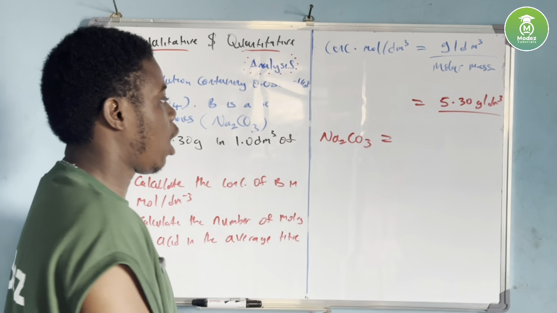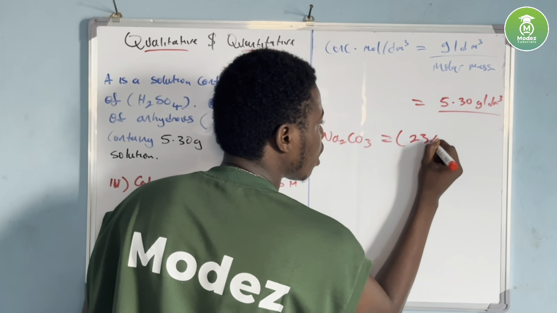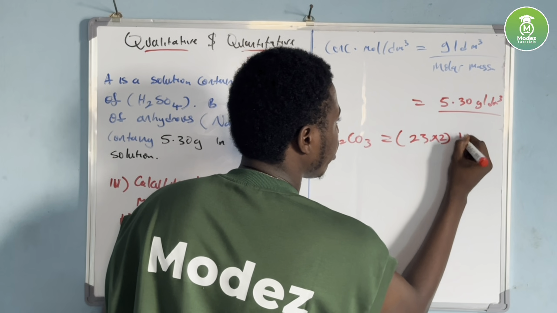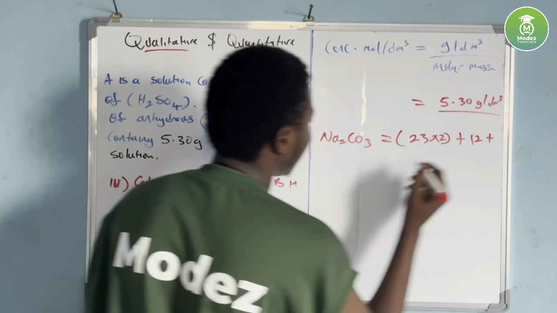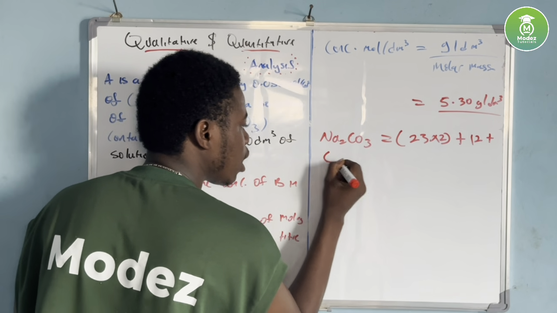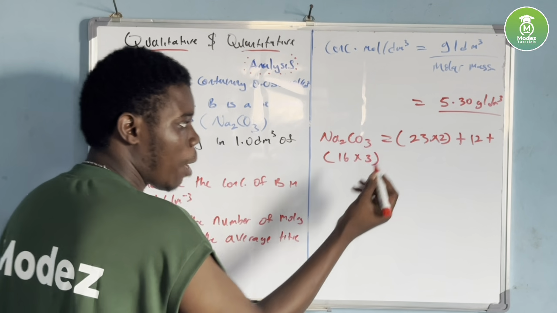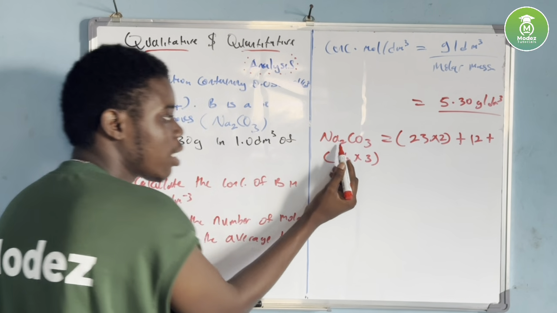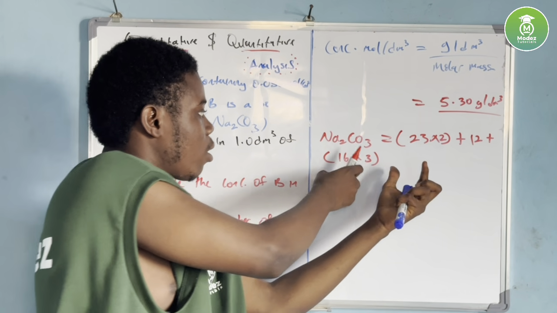Now, to get the molar mass, you get the molar mass of each of them and add everything together. Molar mass of sodium is 23, 23 times 2, right? Plus molar mass of carbon, 12, right? Then molar mass of oxygen, 16 times 3. You know the reason why I'm multiplying it, right? Sodium has this 2 here, so you multiply it.